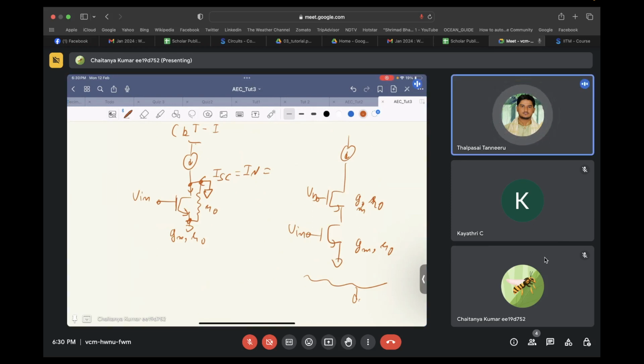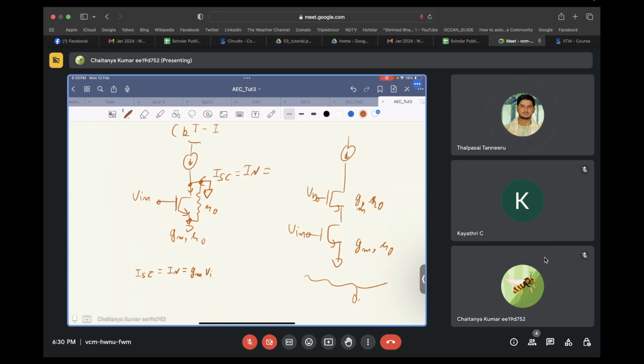In small signal, what is that current? Gm into Vin, sir. So ISC is equal to gm into Vin.